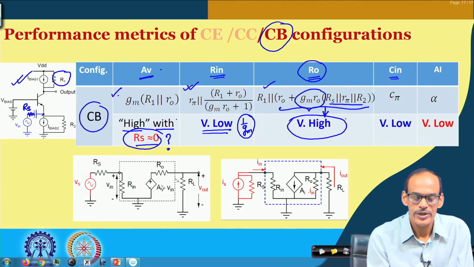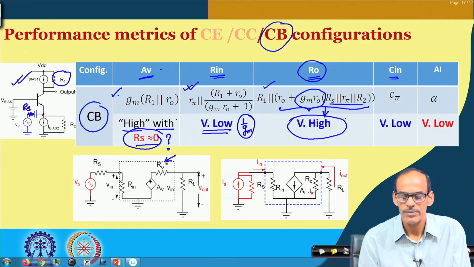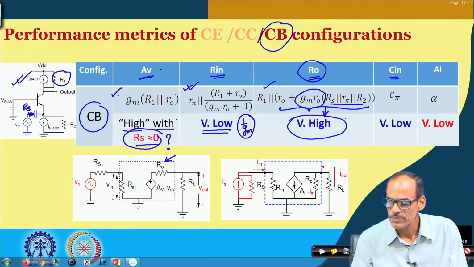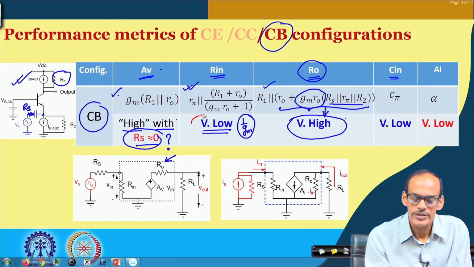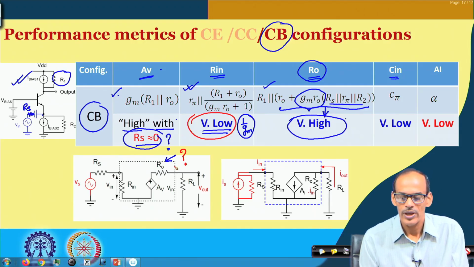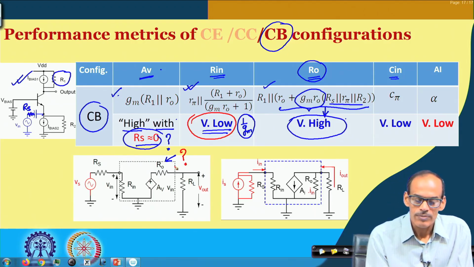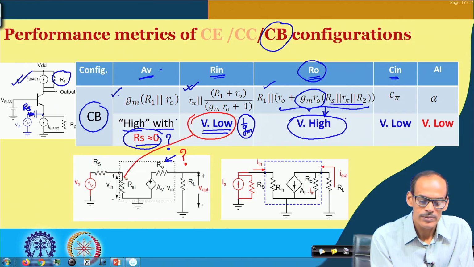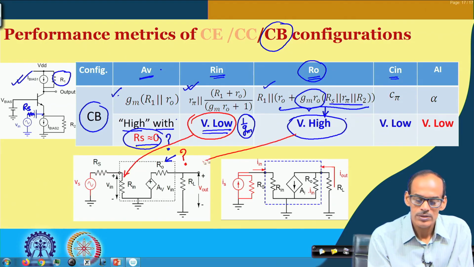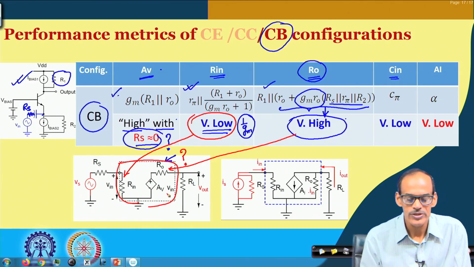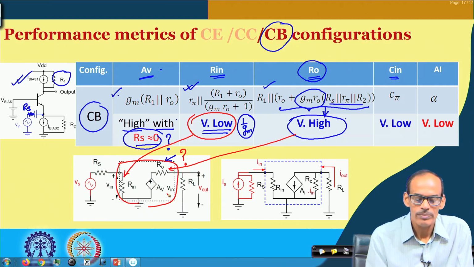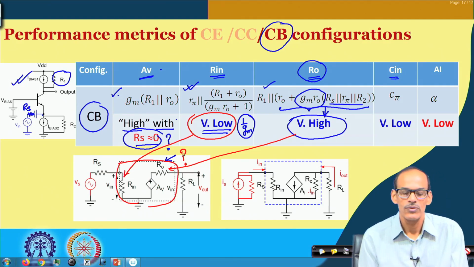definitely it is not in favor of a voltage amplifier. Whenever we like to use this for a voltage amplifier, since this is rather very low, we will not be able to use this for voltage mode amplification. This is very low, and this is also very low. So, as a result, we should not be using this common base configuration as a voltage amplifier.